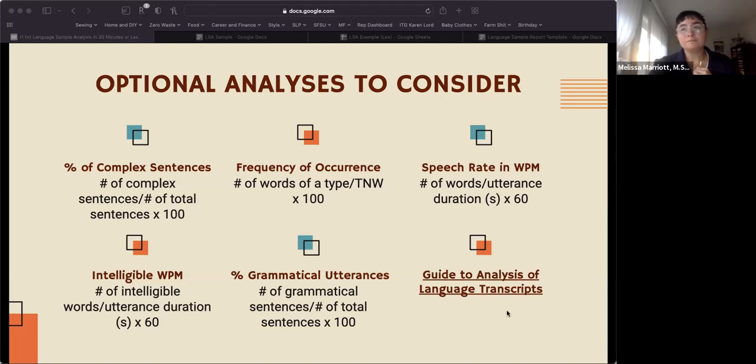But the book is a really robust resource for any kind of analysis that you might want to do. There are a lot of examples. There are a lot of samples. It walks you through many of these analyses. I really can't recommend it enough.